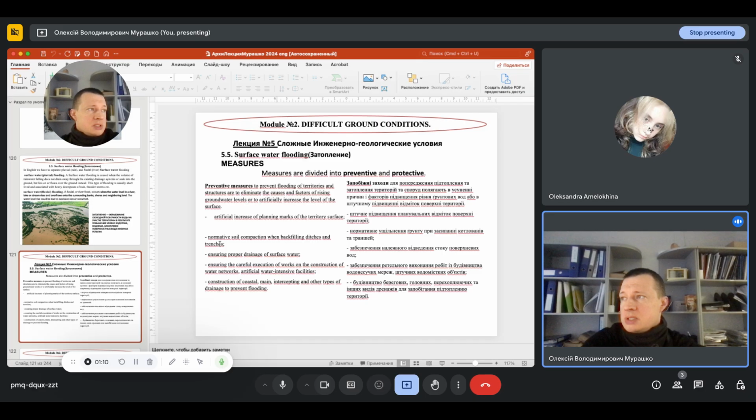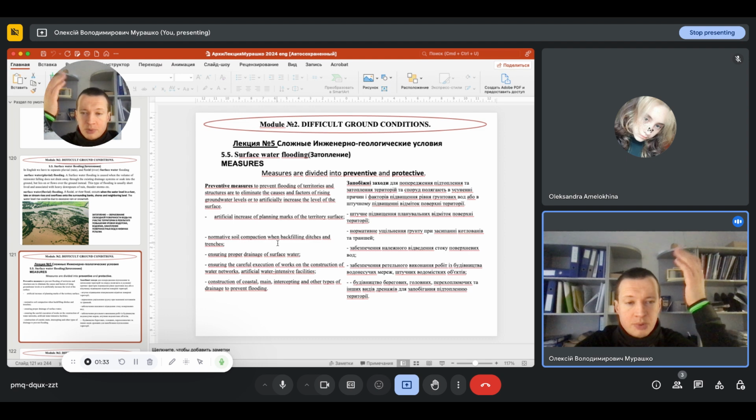First of all, it is the artificial increasing of the planning marks of the territory surface. So locate your building as high as possible. You have to bring additional sand or other kinds of soil to raise the surface, to make the position of your building as high as possible.